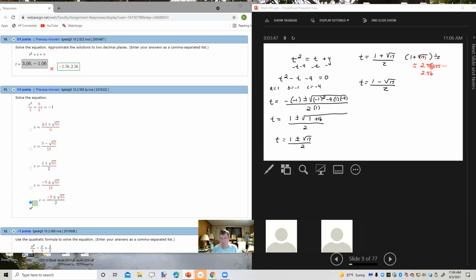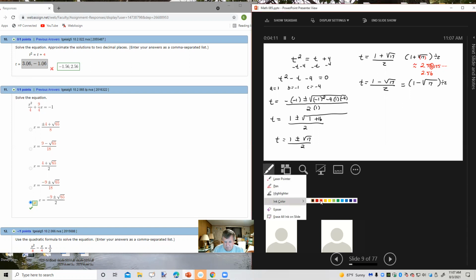Rounding to the nearest hundredth, we get 2.56. All right. Now, the second one. Putting that in the calculator, 1 minus the square root of 17 divided by 2. And again, I'm going to have another set of parentheses there.